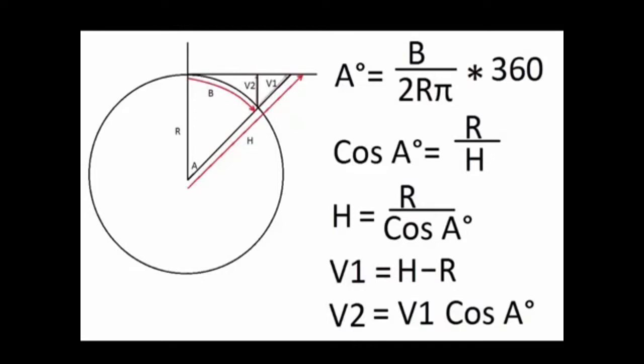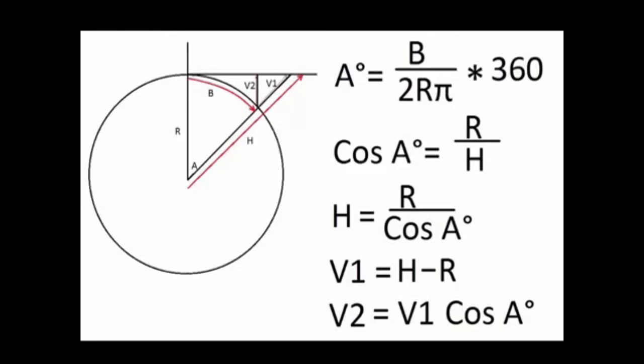If you look at the diagram, R is the radius of Earth, B is the length of pipe along the curvature of the Earth, A is the angle from the start point where the line from the center of the Earth intersects with the end of the pipe, V1 is the distance from the horizontal line from the start of the pipe to the earth at 90 degrees.